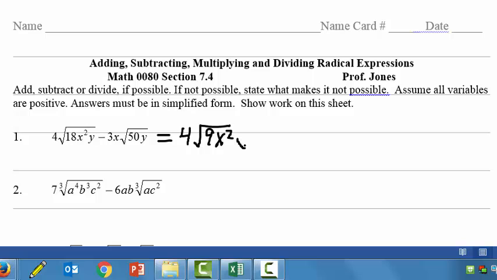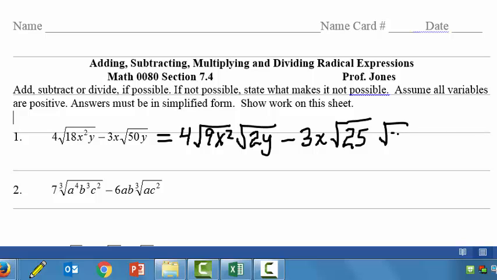So I put that in a separate radical and multiply it by the square root of 2y, which is a radical in simplest form. This radical is applied to a perfect square, so this radical is eventually going to go away. And then similarly, I'm going to simplify the square root of 50y by writing it as the square root of 25 times the square root of 2y.